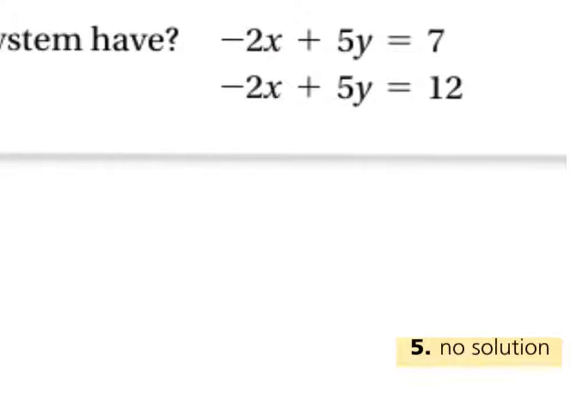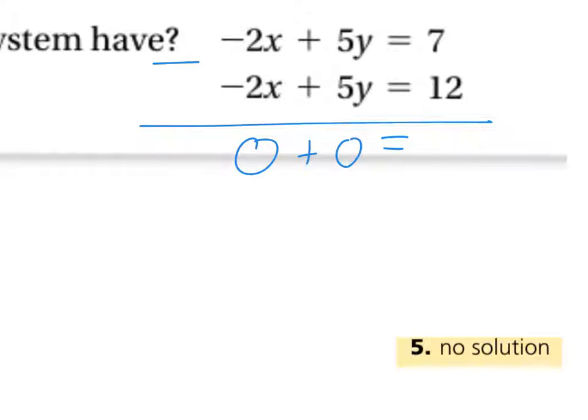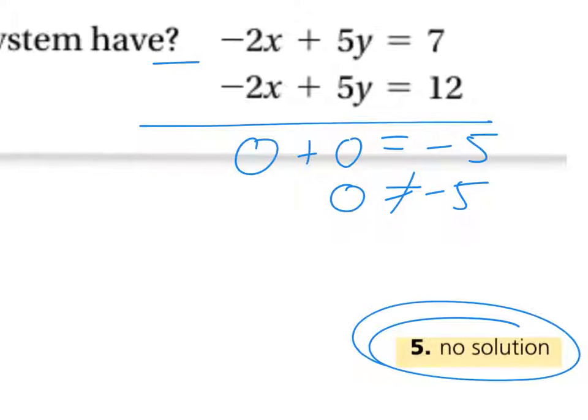So I get negative 2x minus a negative 2x is 0, 5y minus 5y is 0, and 7 minus 12 is negative 5. Well, since 0 does not equal negative 5, we know these lines are parallel, and there is no solution. So look for those special cases again.